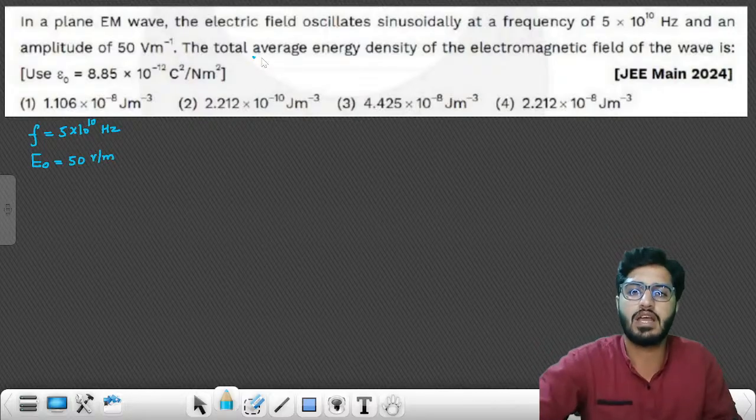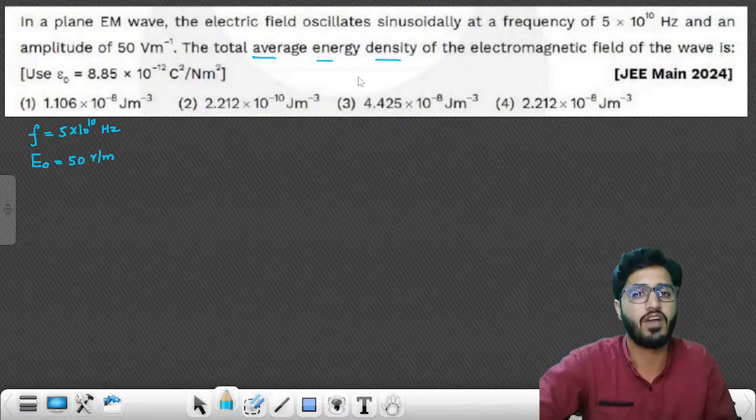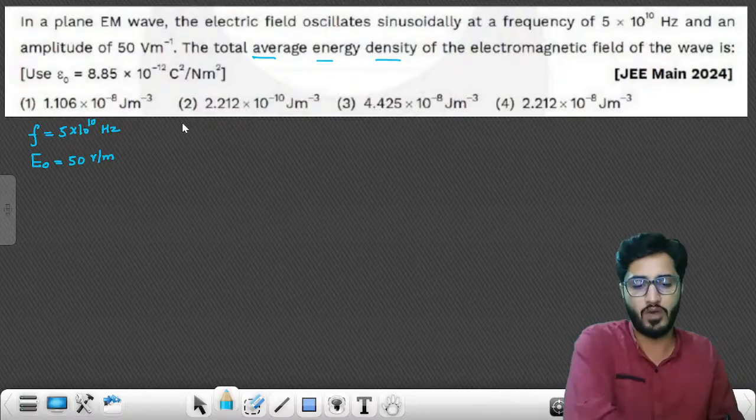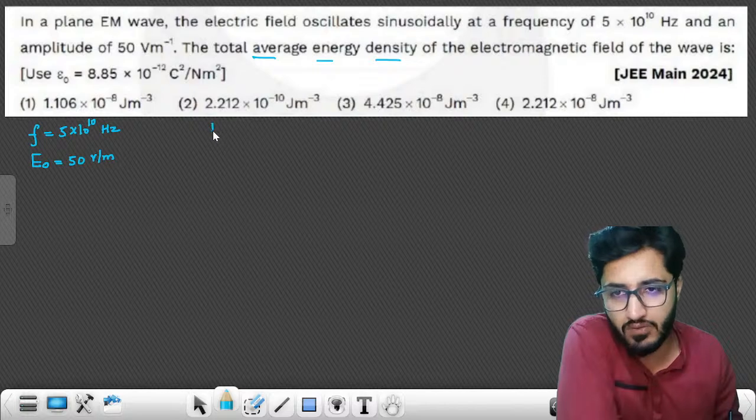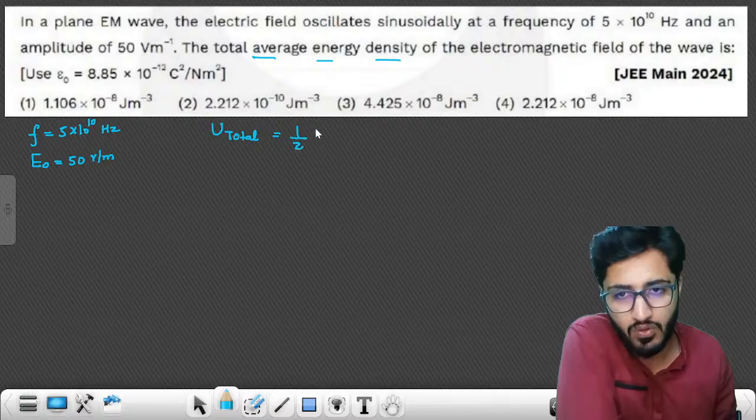The total average energy density of the electromagnetic field of the wave is what we have to find out. What is U total? I guess you know it. Yes, sir. 1 by 2 epsilon naught E naught square.